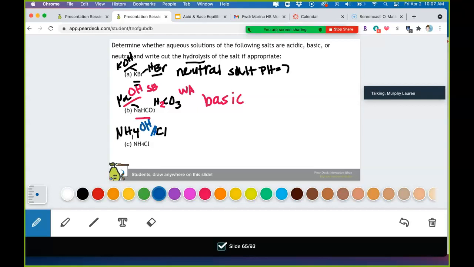So this is a weak base and a strong acid. We're going to predict that this salt is acidic because the acid that's strong overpowers the base that's weak.